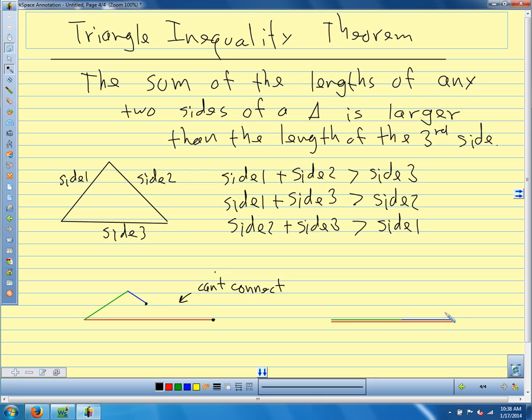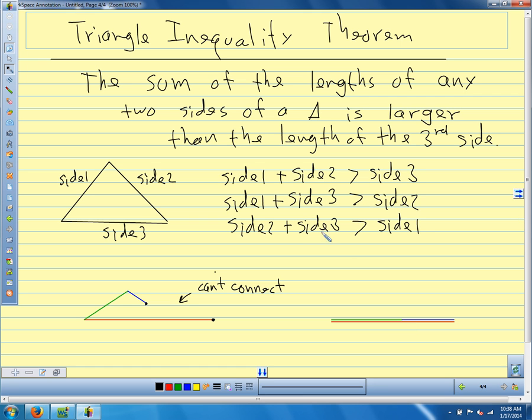If they're exactly the same length, then when I stretch them out, they just lay flat on top of that third side. So we just get a segment. We get segments just laying on top of each other. There's not enough to make an angle to have a triangle.